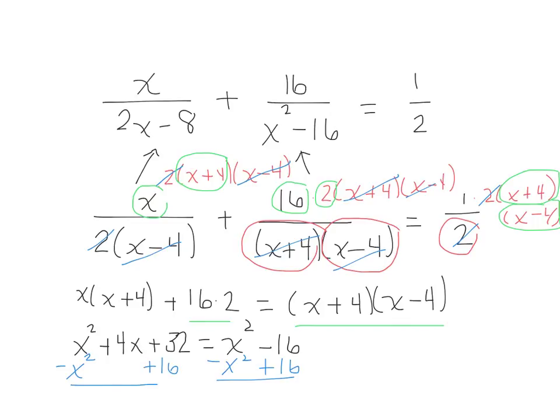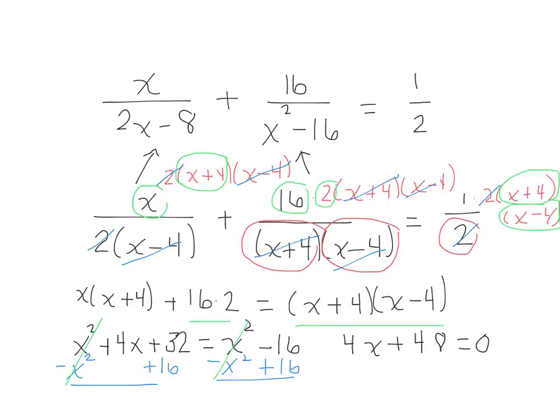Unfortunately, what happens in this case, we notice, is that these x squareds cancel, so it's no longer quadratic. What we have left then is just 4x plus 48 is equal to 0. So since it's x to the first power, we can just start solving for x.